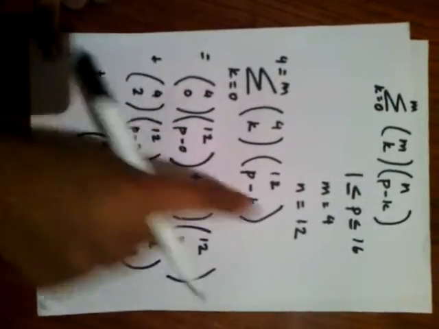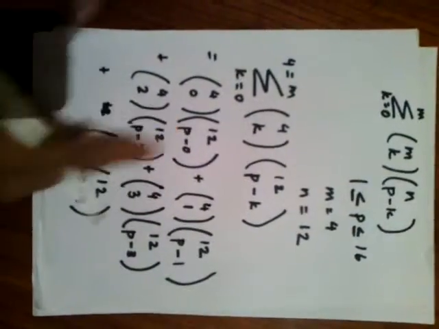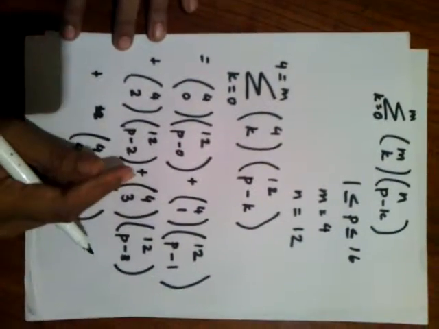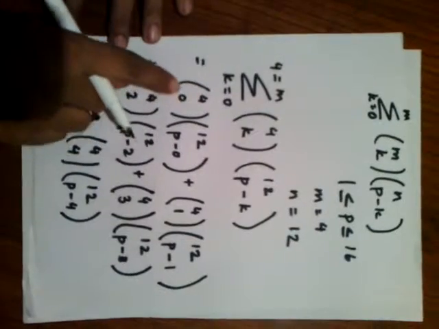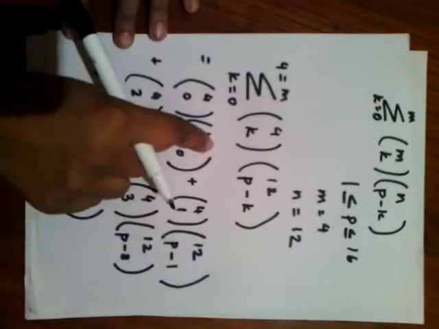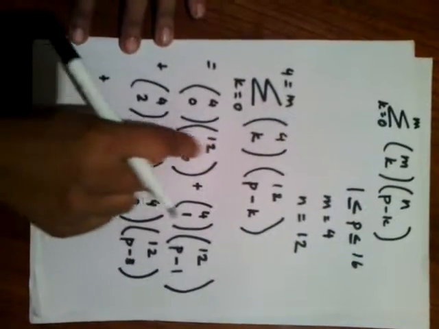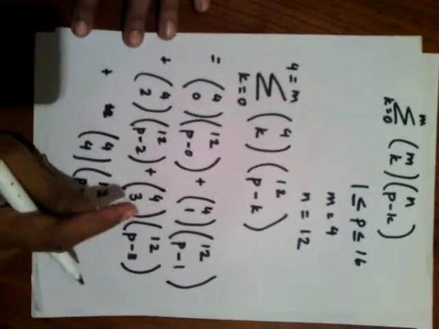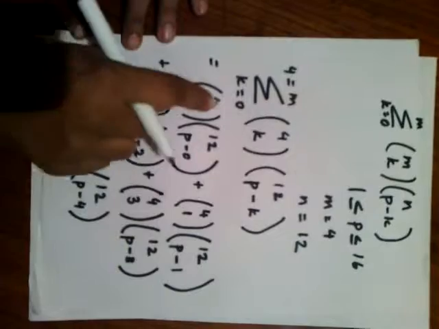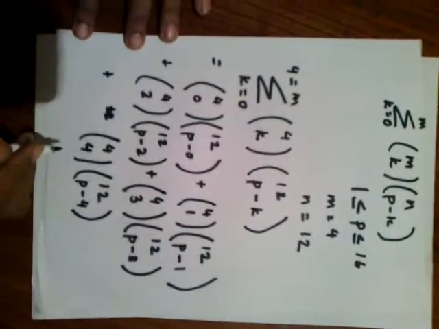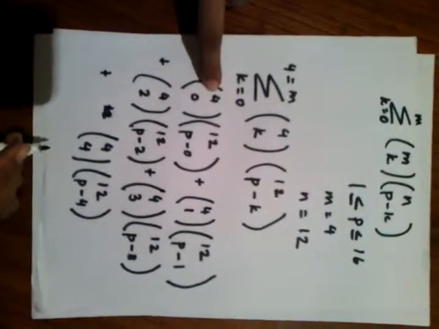So you can see, once you insert the equivalent number for p, so say p is 12, for instance, you would have 4 choose 0 times 12 choose 12. 12 choose 12 is just 1, because n choose n is 1, and 4 choose 0 is 1 as well.